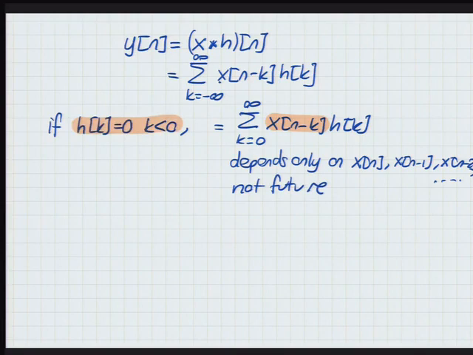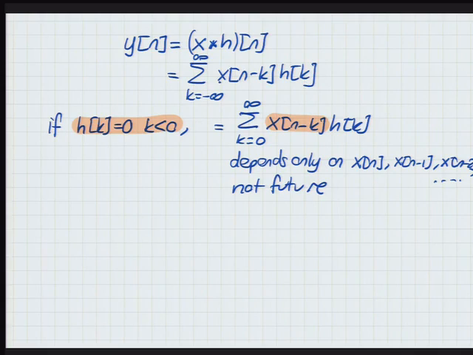Just for completeness, let me argue the opposite. If that property is not true, then I'm not causal. Okay? It again follows in similar ways. What does it mean if I don't have this property? What's the converse of this statement? h of k equal to 0 for all negative k's, right? That's my statement. What is the opposite statement, the converse of it?